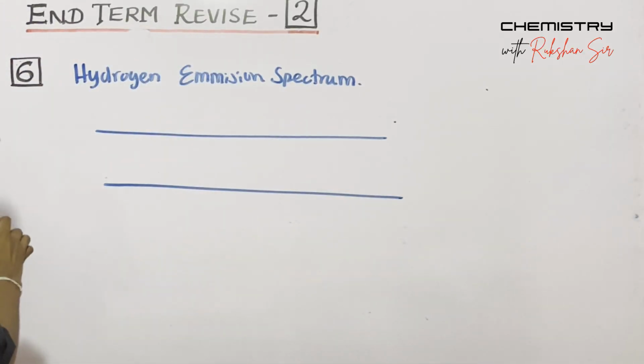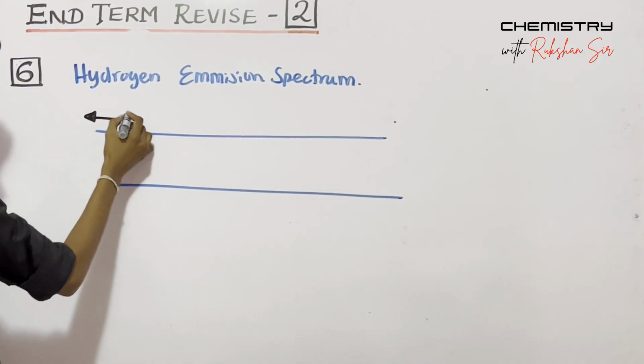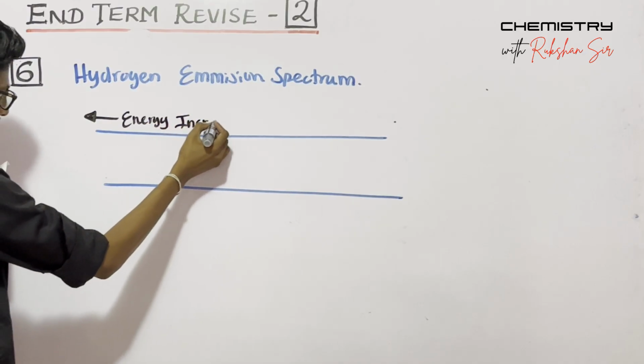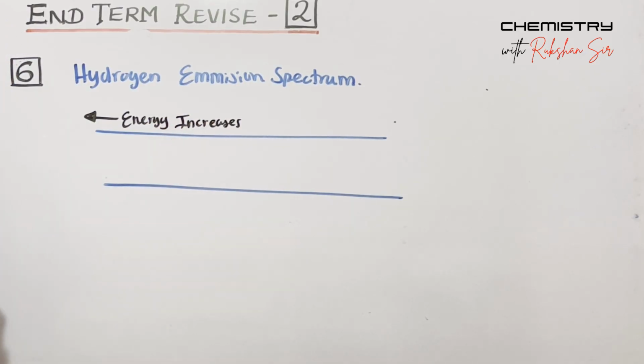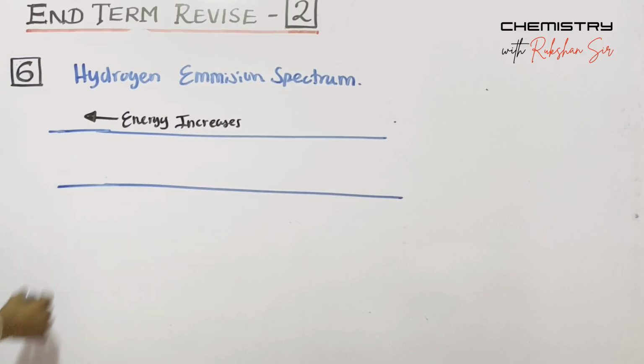If you are to consider the energy increasing direction here, how does the spectrum appear?